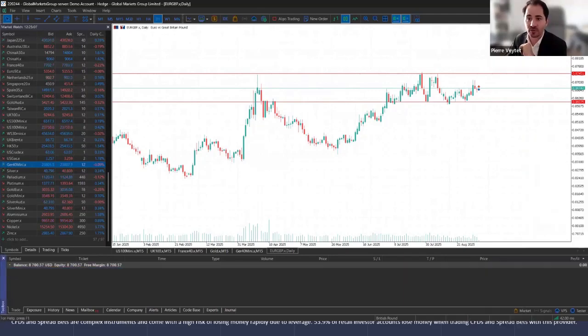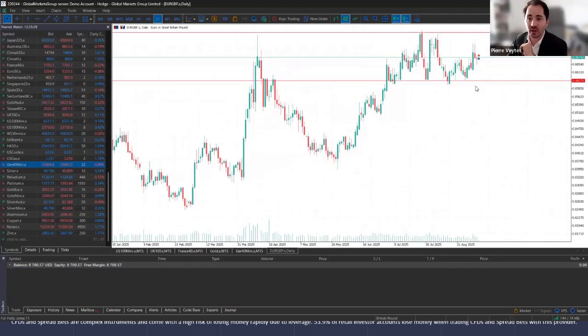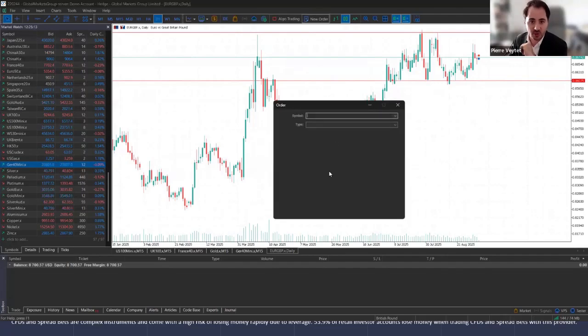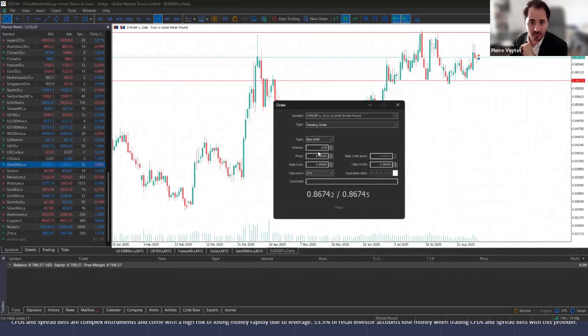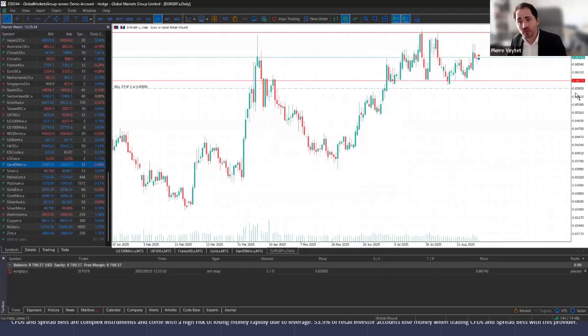So let's say now we have a different scenario. If we have a bearish breakout from this level right there, you want to put a sell stop to enjoy the breakout. Pending order, sell stop, and let's say you would like to get executed around 0.8715. Boom. And actually, you can even do both.